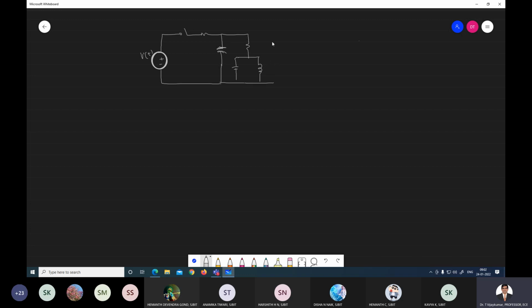This is the inductance. This is the resistor, and this is the capacitor. This is the switch. It is K.